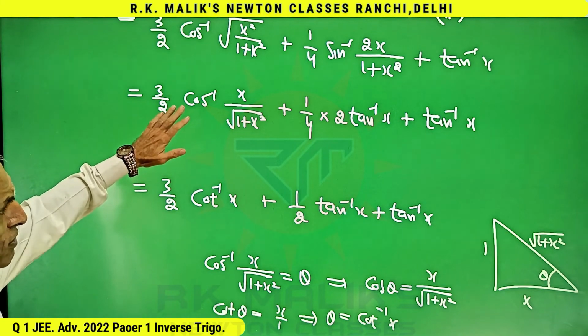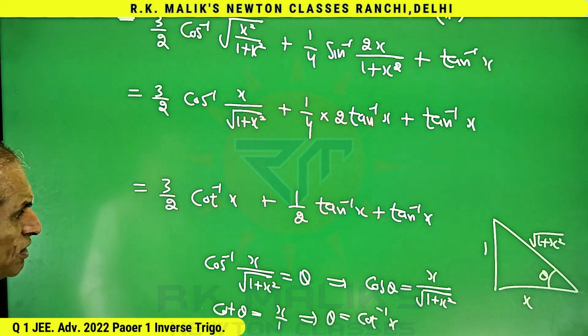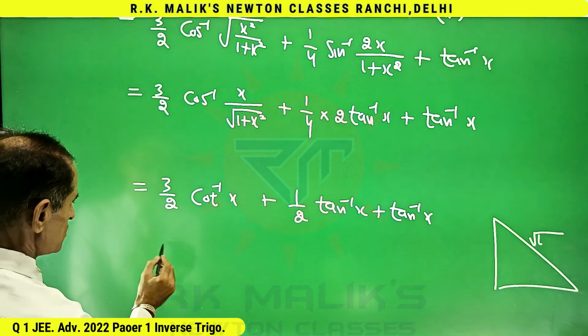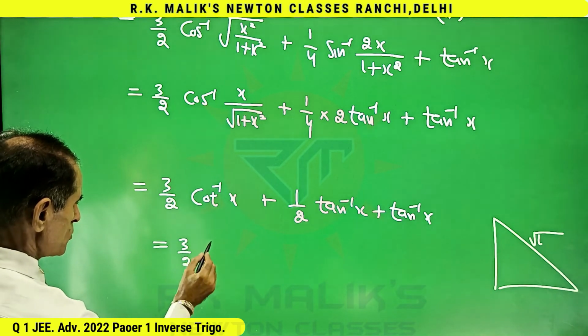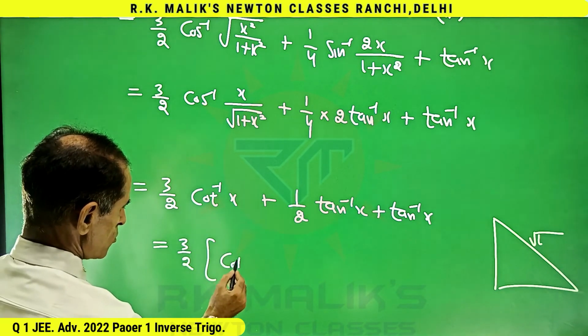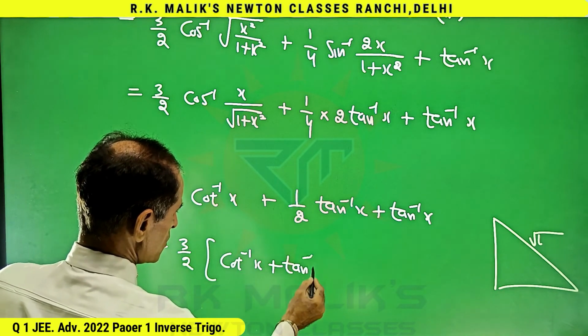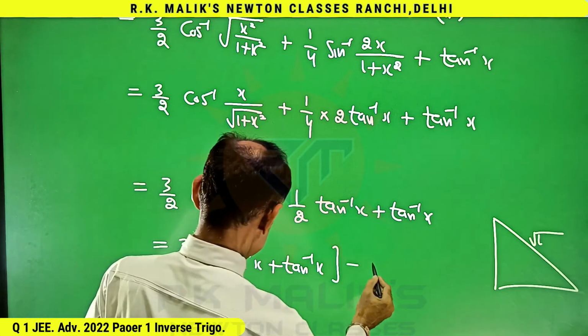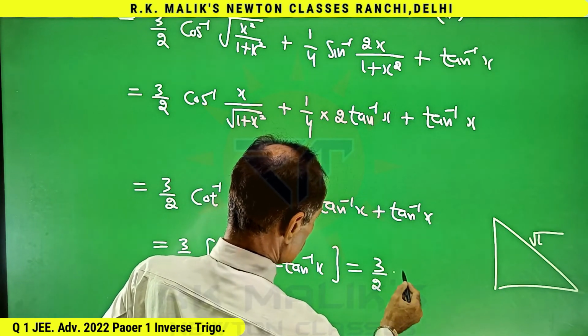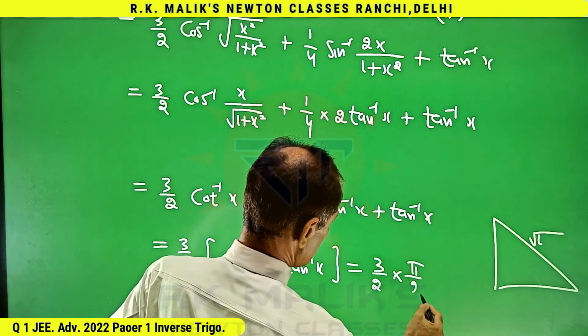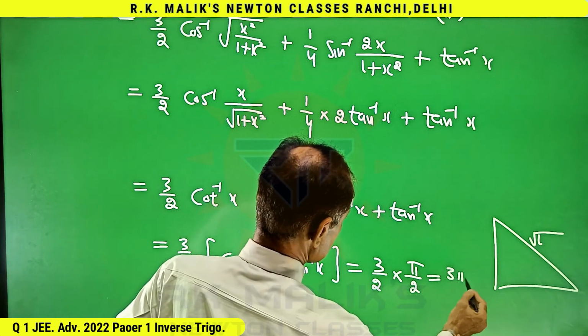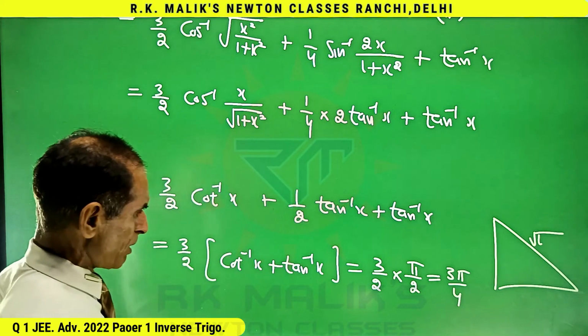You should be able to write this as cot inverse x directly, and this is 3 by 2 cot inverse x plus tan inverse x, that is 3 by 2 into pi by 2. The answer is 3 pi by 4.